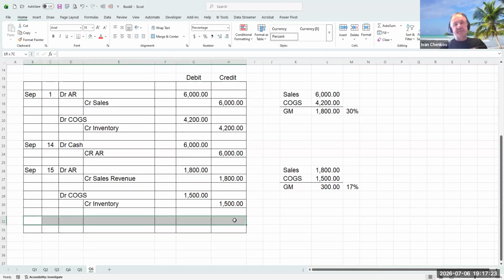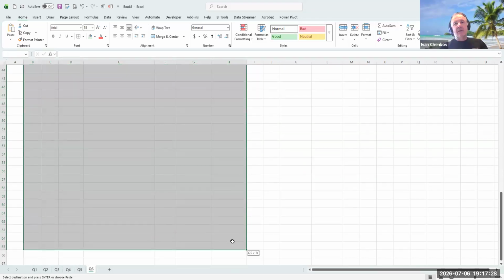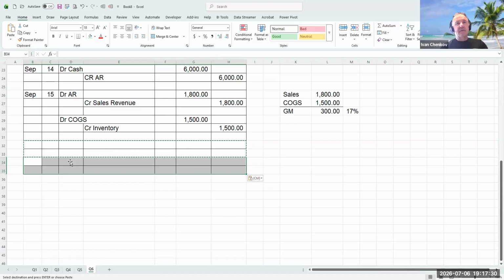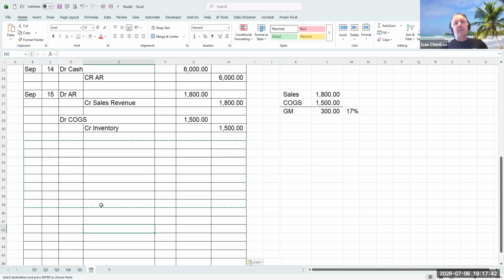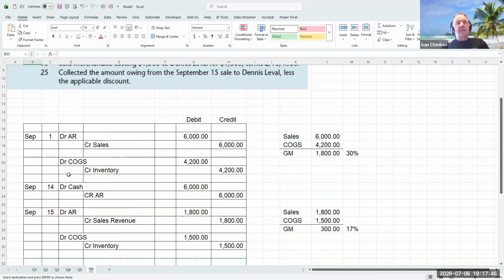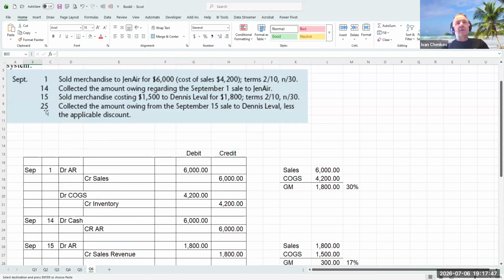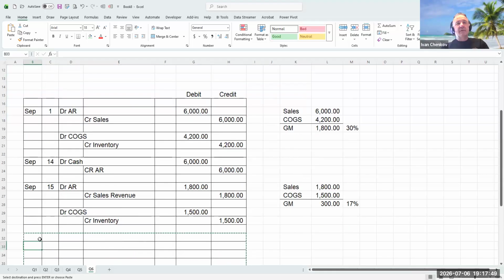Next thing that we need to do, I need to copy this and extend the format. And then we can see what happened on September 25th. On September 25th, the client decided to pay.